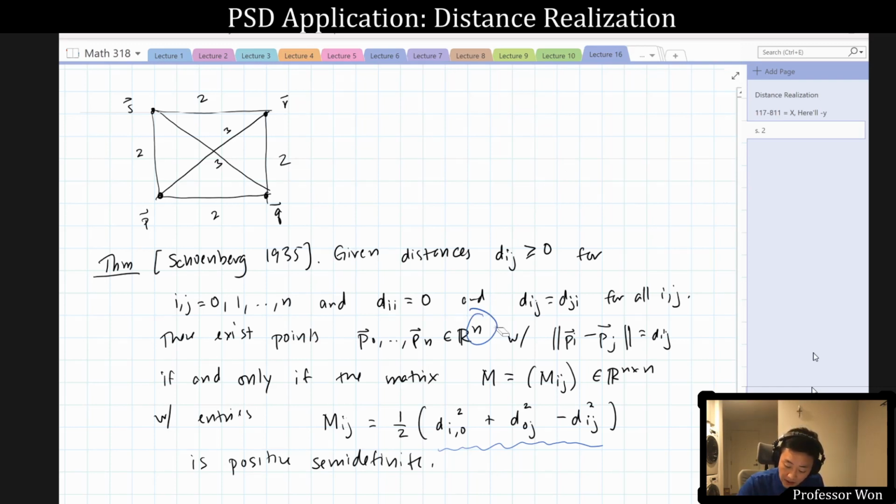This should be Rk. In other words, it's not only talking about n plus 1 points in Rn, it's talking about n plus 1 points in any Rk. So it's a much stronger theorem than the one that's stated in the notes. This gives the complete answer to whether or not you can ever find points in any dimension if I just tell you the distances I want between them.